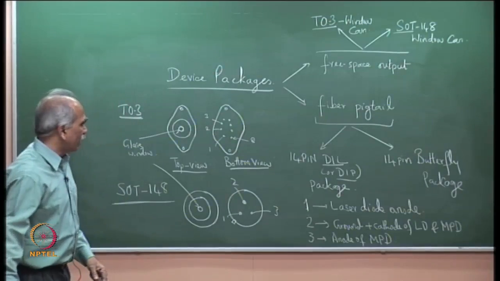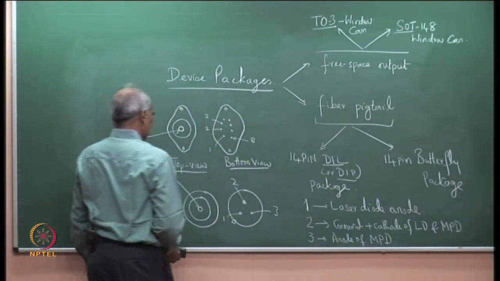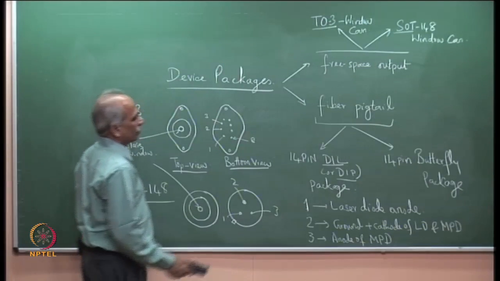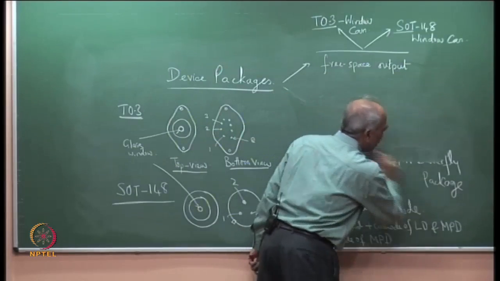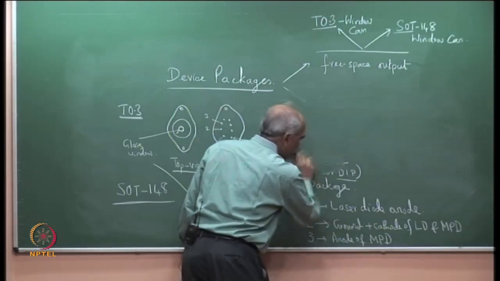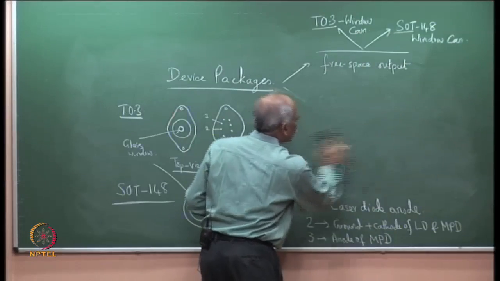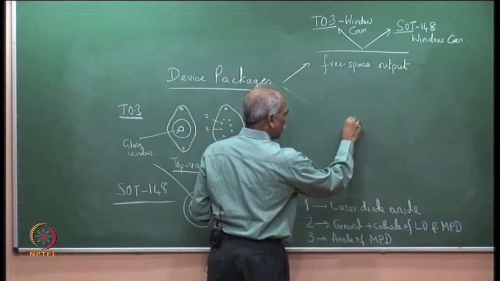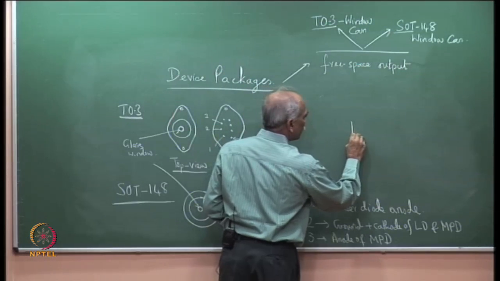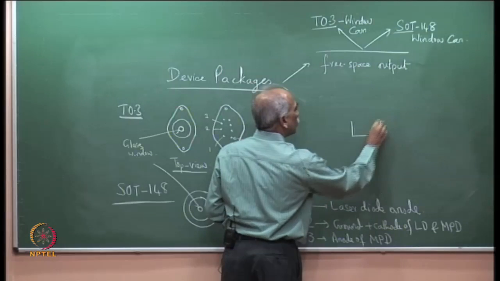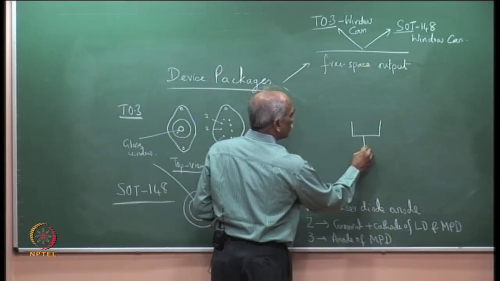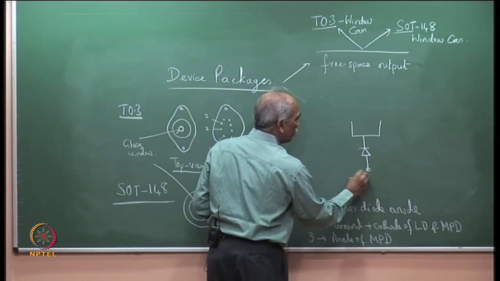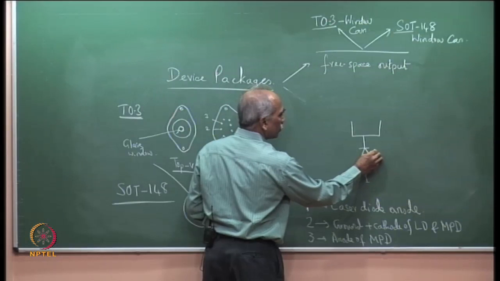I will show a schematic of how it looks. It looks like this. It is a 3 terminal device. This is terminal 1, the laser diode.